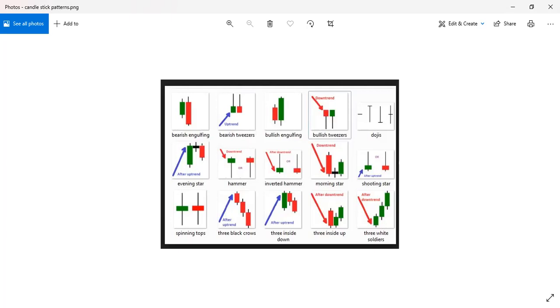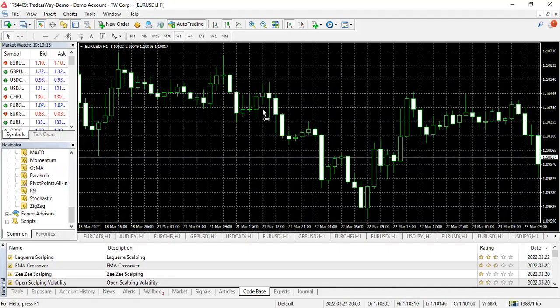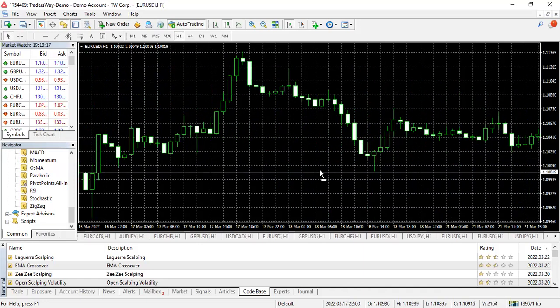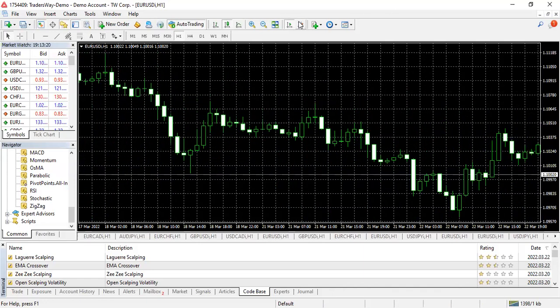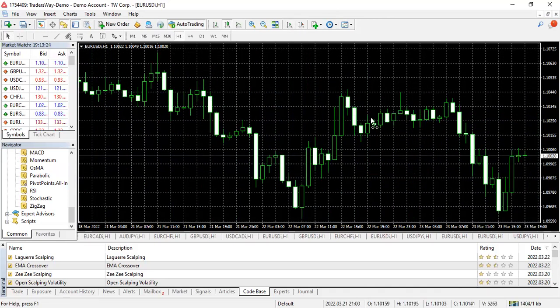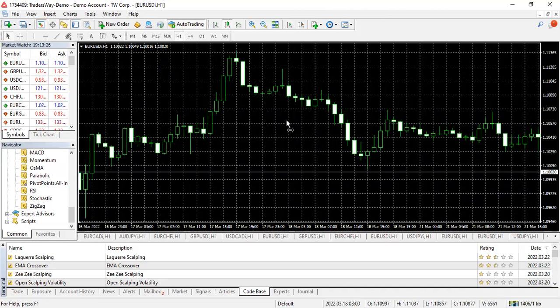So let's look at our MT4 to search for this. We won't be able to find everything, but I just want you to have the idea of how it looks.